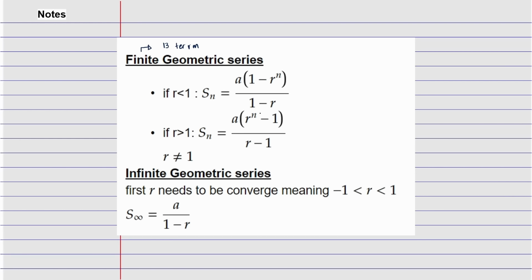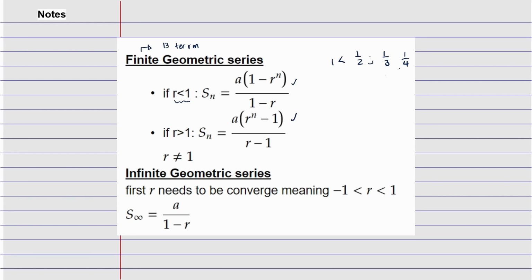So if you have that situation, you have two formulas, and those formulas depend on your r, right? If your r is less than 1, meaning it's a fraction, it can be 1 over 2, or 1 over 3, or 1 over 4, any number that is less than 1.